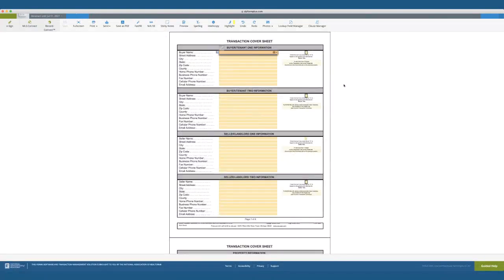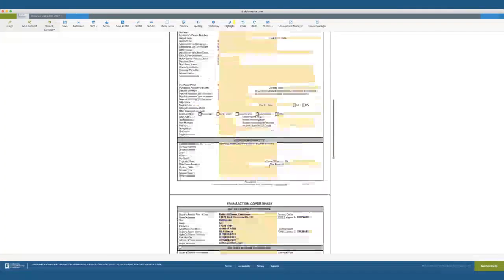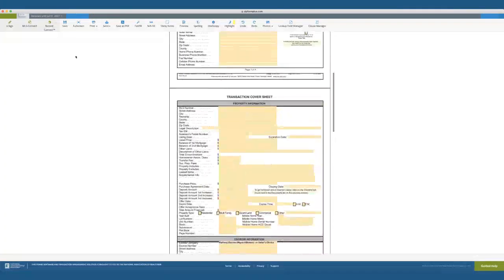So all you're going to have to do is put in your buyer's name, your seller's name, and then you're going to go down here, and up on this, there's eSign and there's MLS Connect and there's Record Connect.